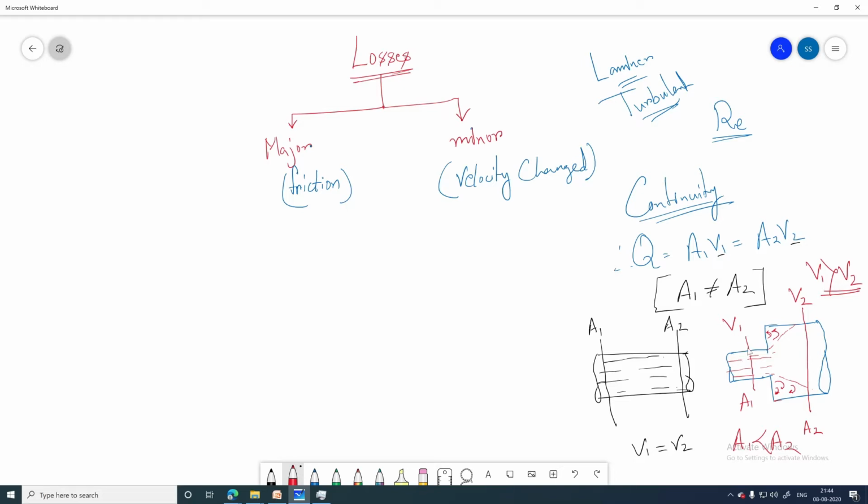So there are various cases where losses happen in the flowing fluid, but not due to friction, due to other causes, like here it is the eddy formation. So if I write all the points on which cases the minor losses occur, the first point is due to sudden enlargement.